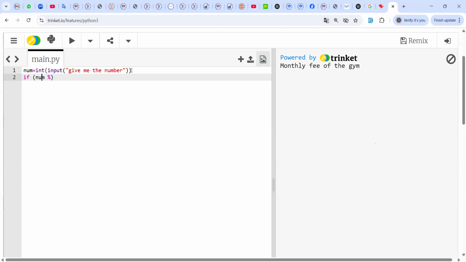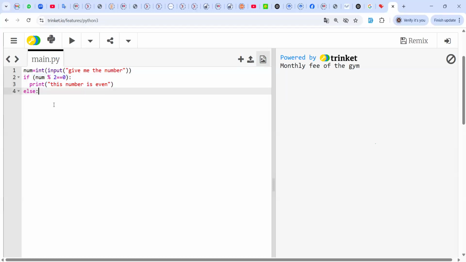So we are saying if number mod 2 is equal to 0, then print this number is even, because there is no remainder. And else, that means the opposite of this test, print this number is odd.